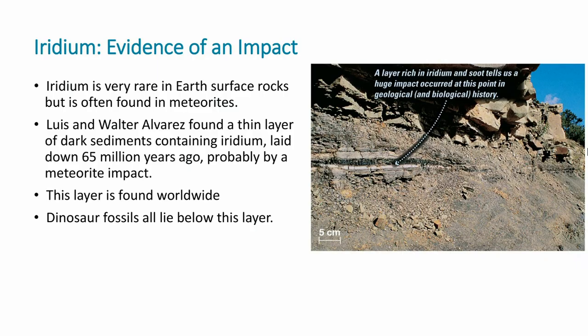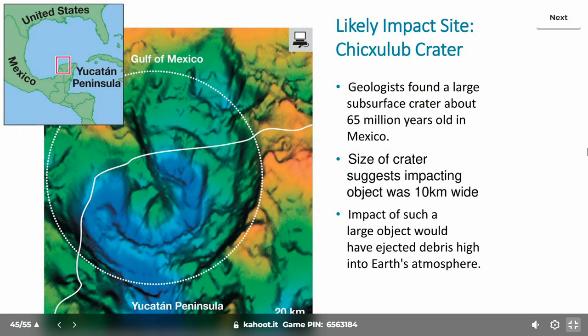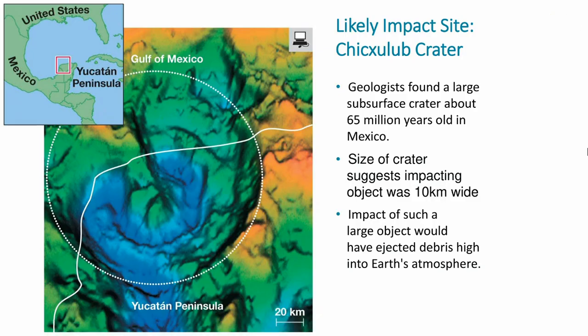And so you have this layer of iridium, no dinosaur fossils above it, all the dinosaur fossils below it, and so that leads to the theory that some large impact occurred, deposited all this iridium on the surface, and killed the dinosaurs. So then you have to find an impact crater that's big enough that could explain something that could deposit iridium all over the surface of the Earth.